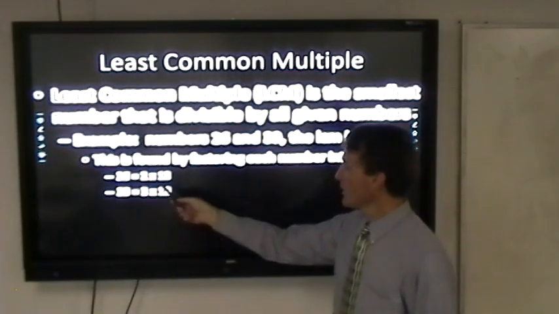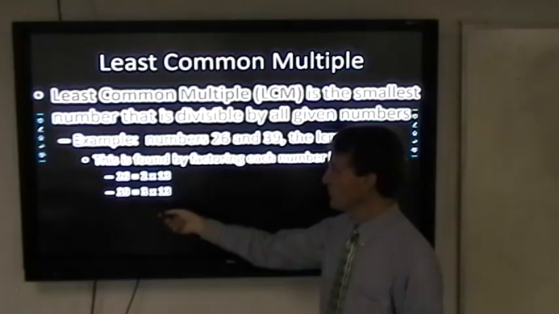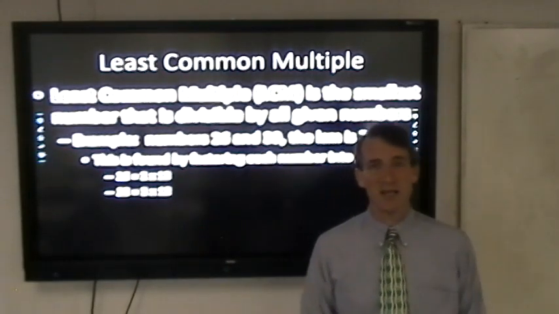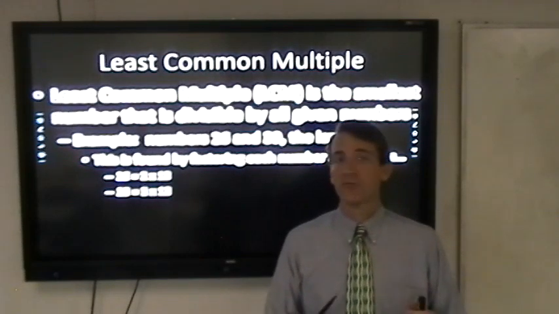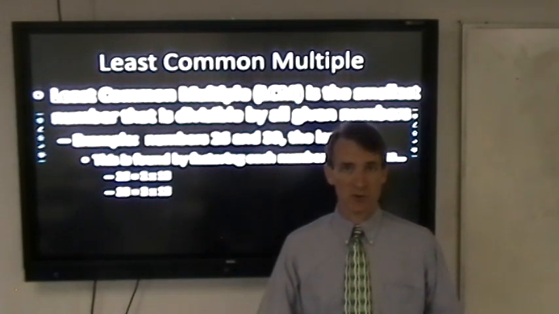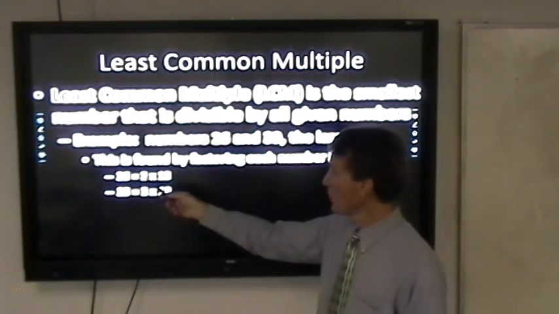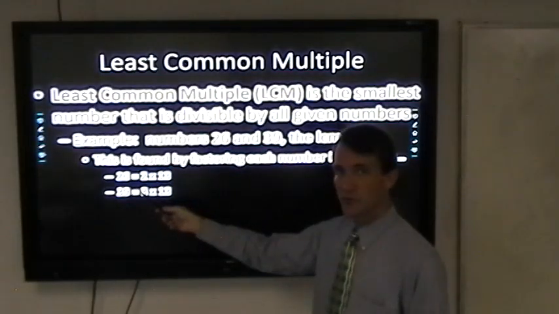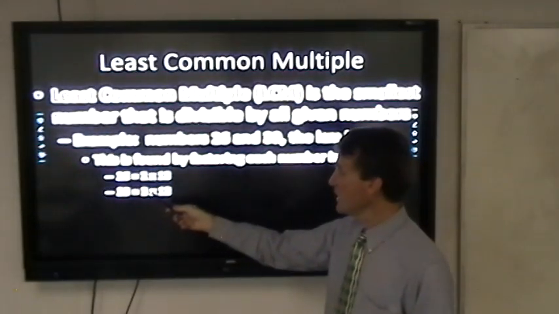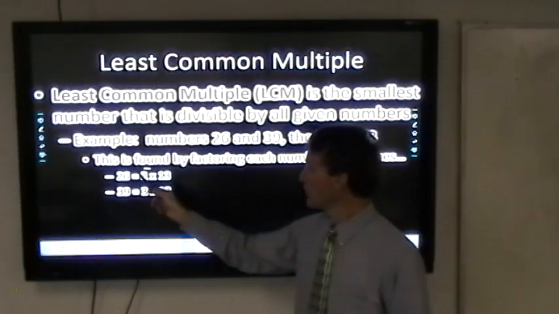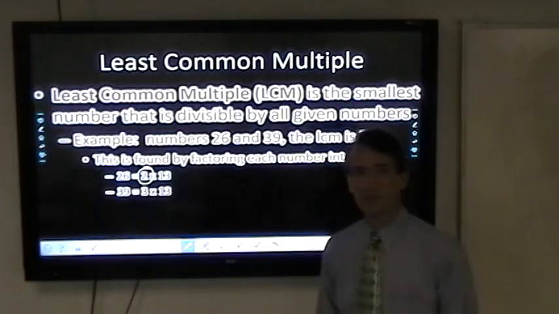If I take a look, I have a 2 up here, but I don't have a 2 down in the bottom. So what I need to do is take whatever I can from one set of numbers. If I'm looking at a 2, I can either take 1 2 or 0 2s. Well, I'm going to take the 1 2 from the first number. So I'm going to just circle that 2.